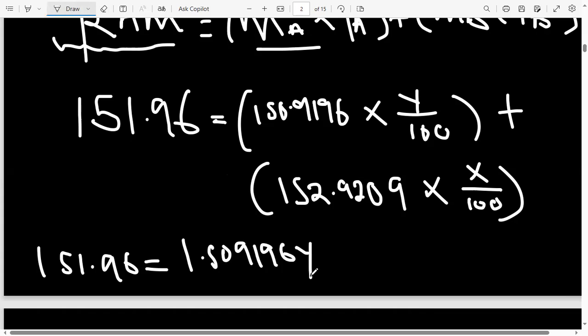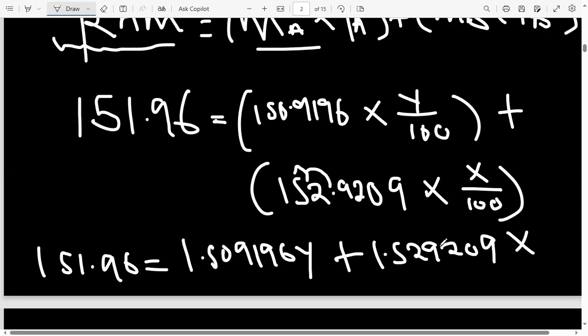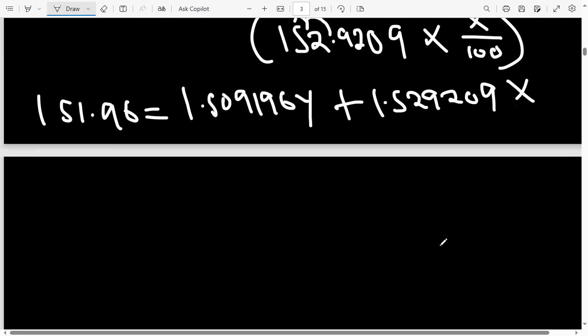Then we multiply by y, and then plus. We divide this by 100; the decimal place just moves to the left by 2, so it will be 1.529209, and then this is multiplied by x. So this is what we have written here.